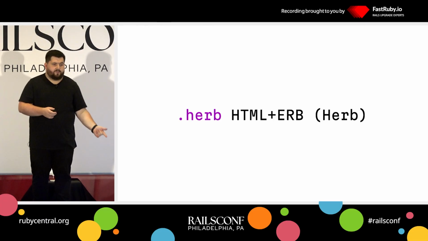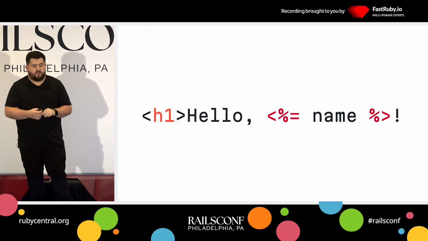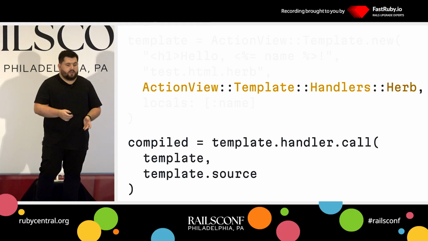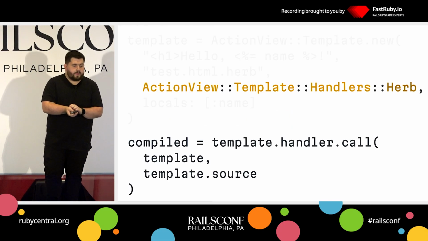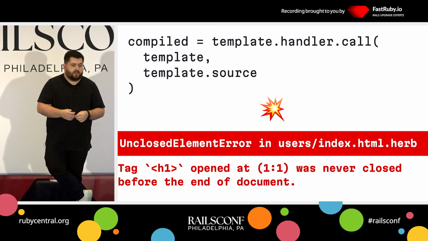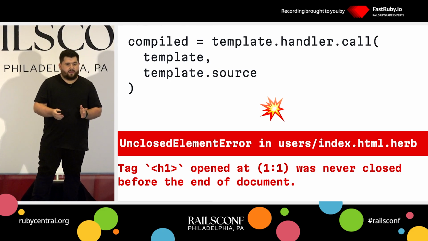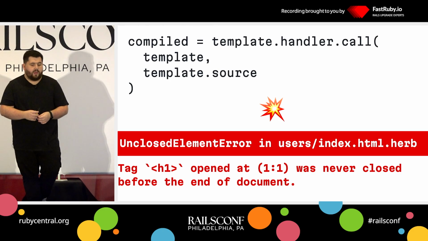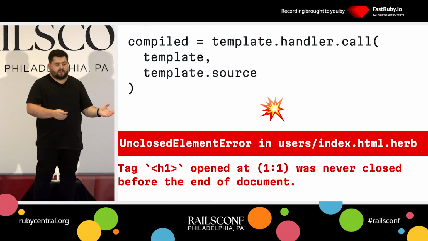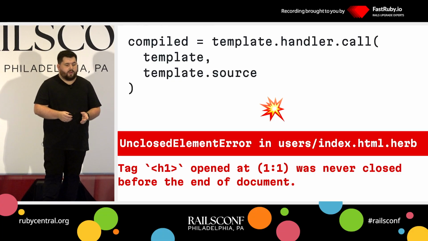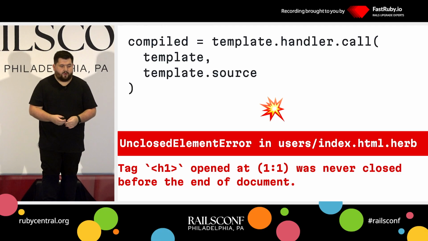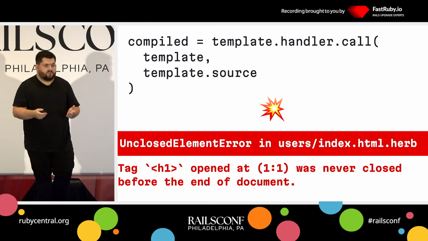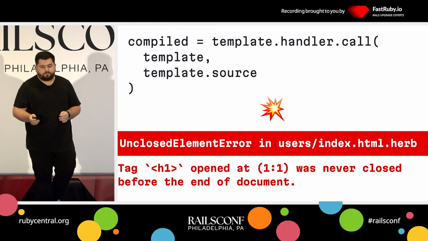But what we could do now with a new engine using Herb is take the same partial, try to render it this time using a Herb handler, and try to compile these templates. This would just crash and say, I'm not compiling. And it will also give you the diagnostics and the errors where something went wrong, and that's the whole idea here, that we cannot produce invalid HTML.